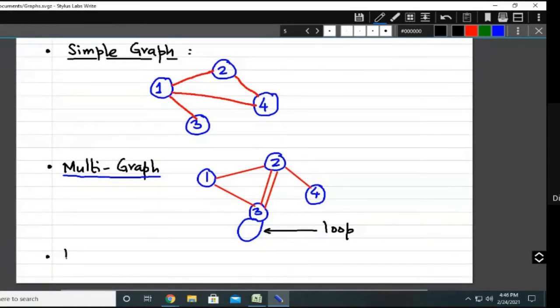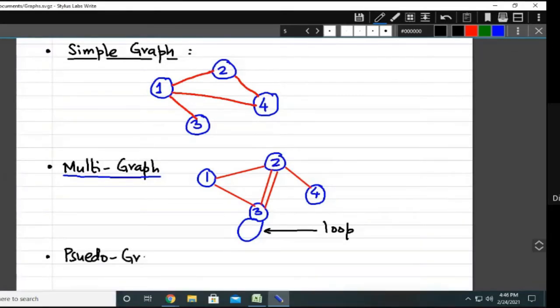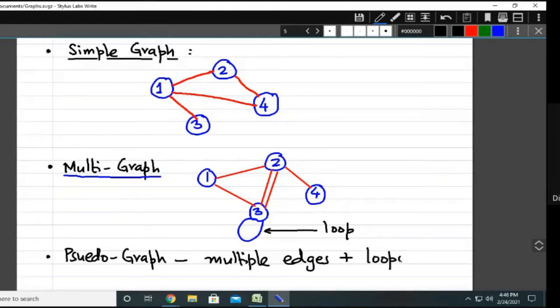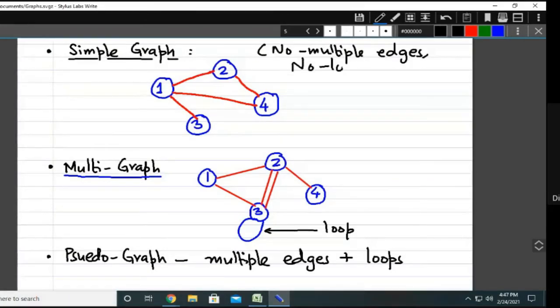a pseudograph, where you have multiple edges and loops. Okay. So simple graph, I will say no multiple edges, no loops.